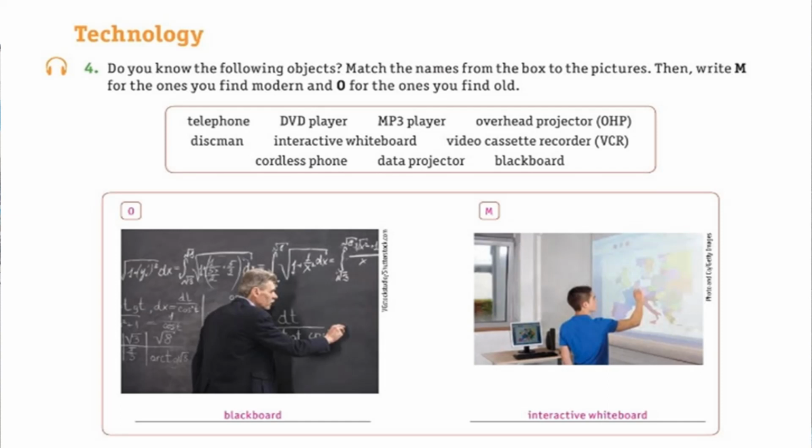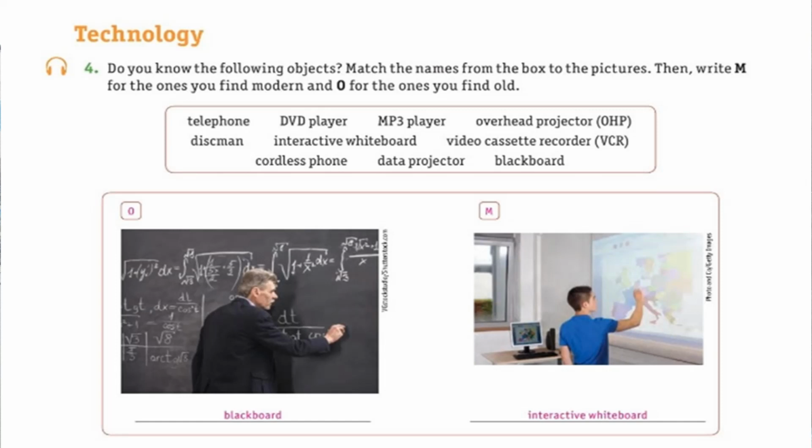So the specific words that we have here are telephone, DVD player, MP3 player, overhead projector, Discman, interactive whiteboard, video cassette recorder, and a cordless phone, data projector, and a blackboard, okay? So those are the specific objects that we are going to talk about.